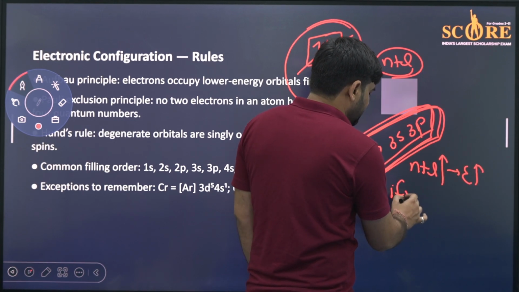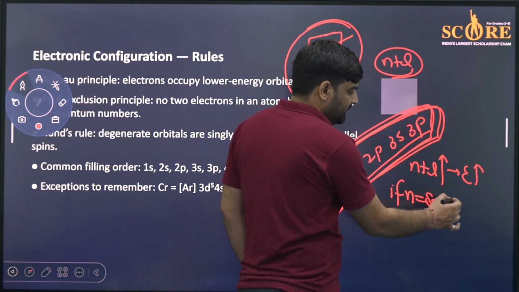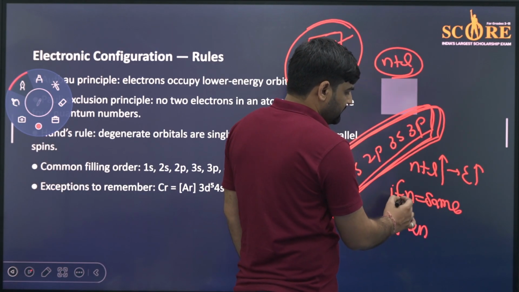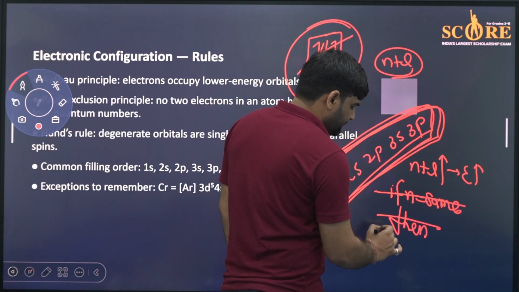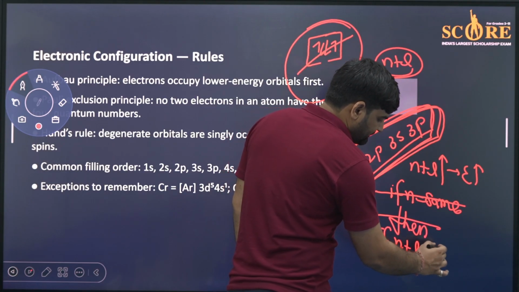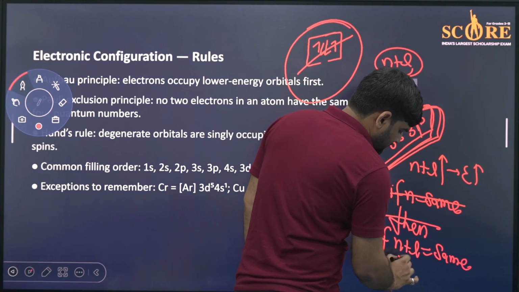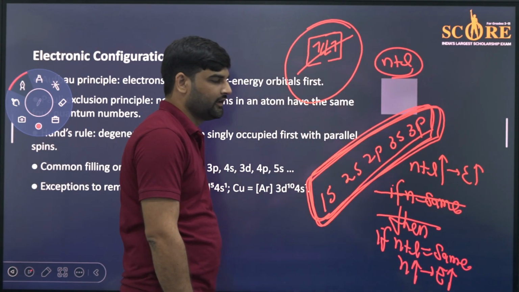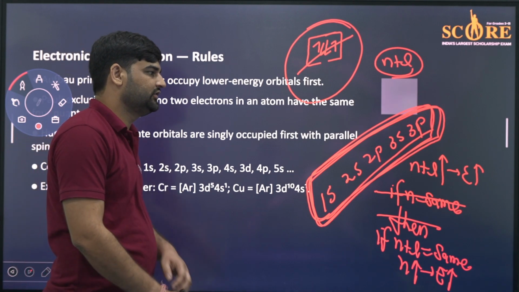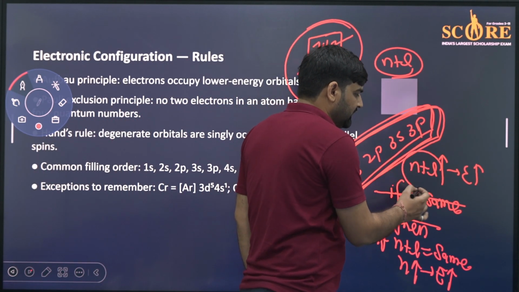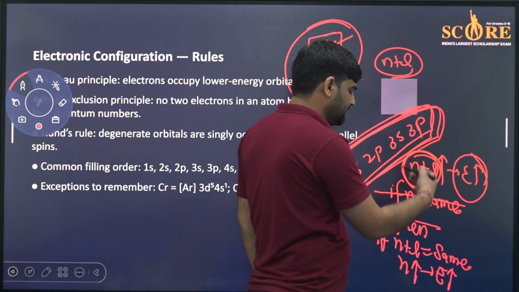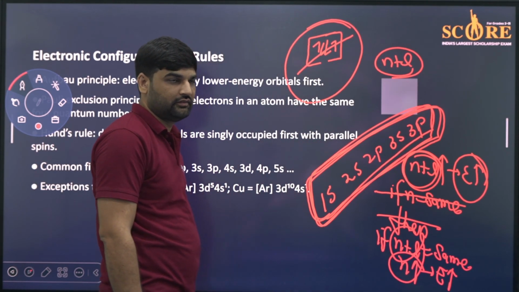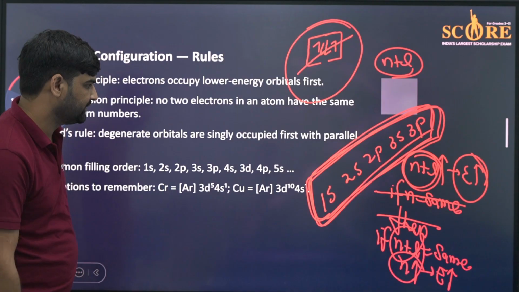And the second thing: if n plus l is the same, then the subshell with the higher n has higher energy. So if n plus l increases, energy also increases, and if n plus l is the same, then energy increases when n increases.